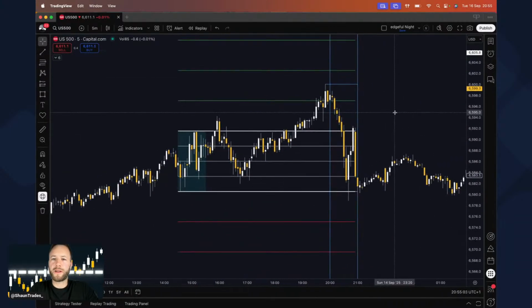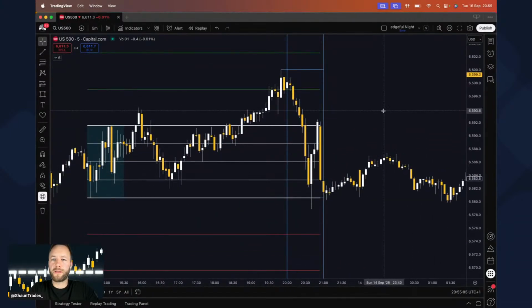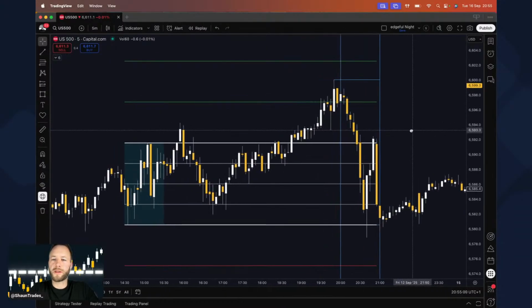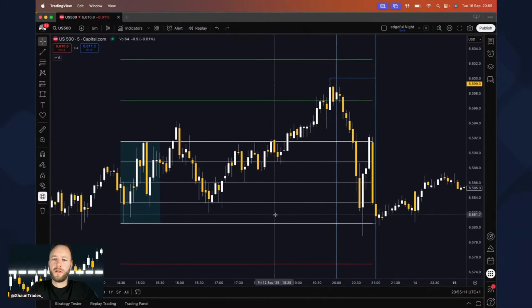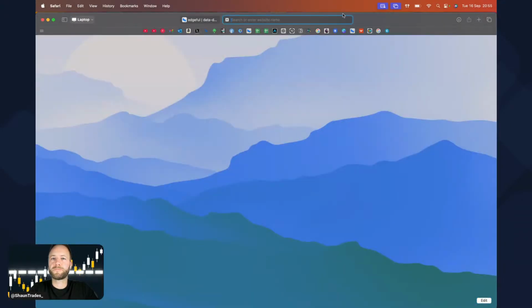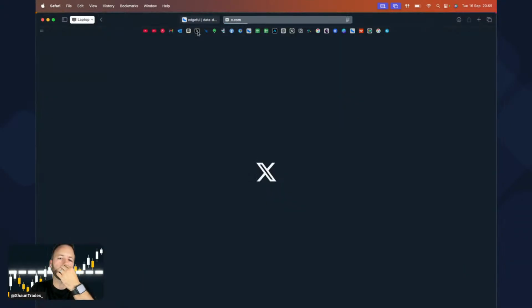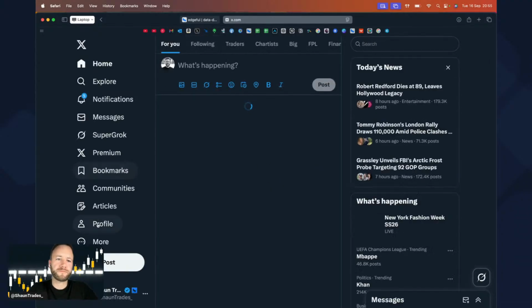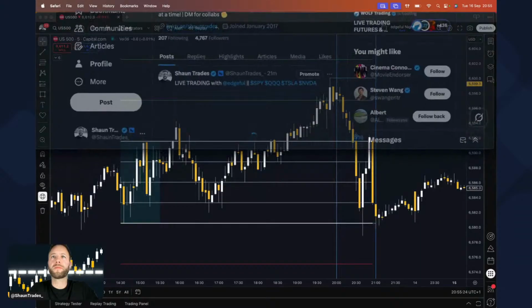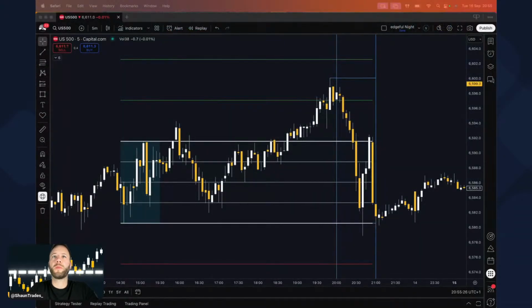So Friday, I had a trade to the downside because the data, I forget what the data said now. I did have it on my X somewhere. See if I can find it. Hang on. I won't bore you with searching through my feed. You can have a look at the chart there while I look at this.